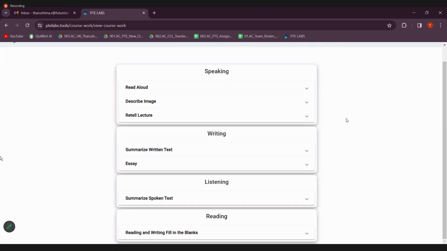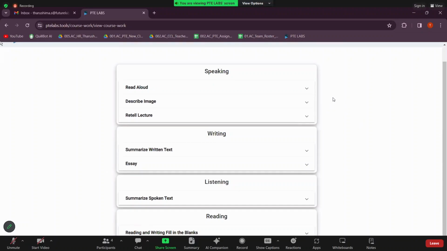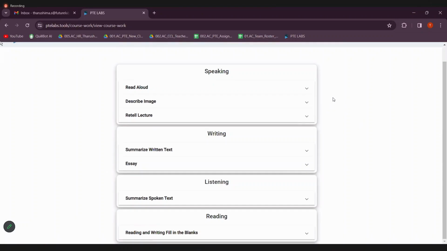So it would be better if you could practice this and then book the next stage. Definitely it needs your commitment, otherwise you can't do this. We will teach you everything you have to do, but you have to give your full commitment for this, right? Is there anything else?